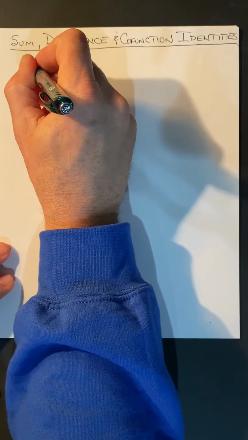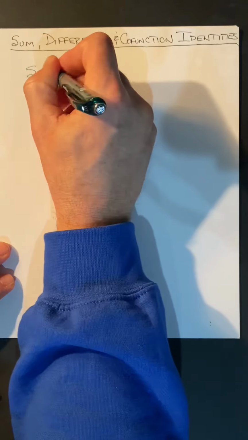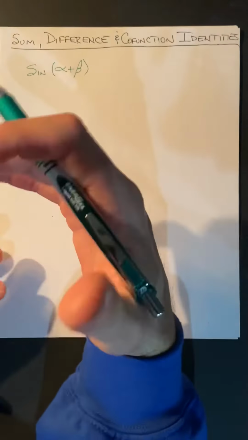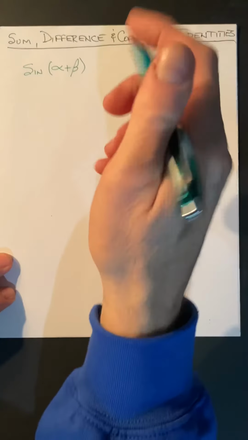So the sum difference identities are going to take the form of, let's say we have the sine of alpha plus beta. Okay, so we've got the sine of two angles added together.